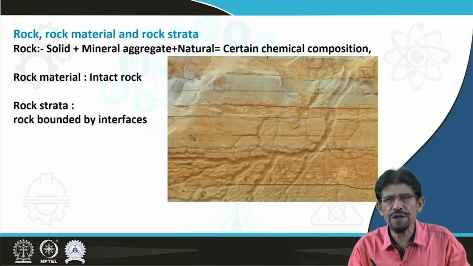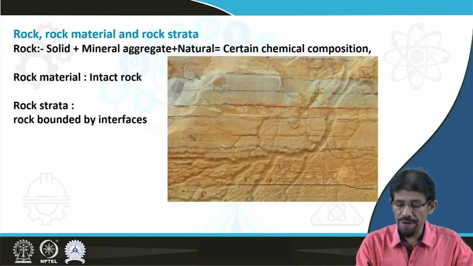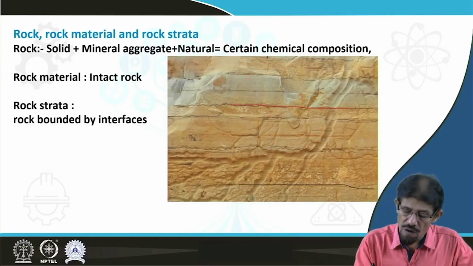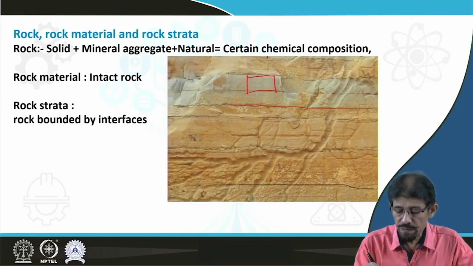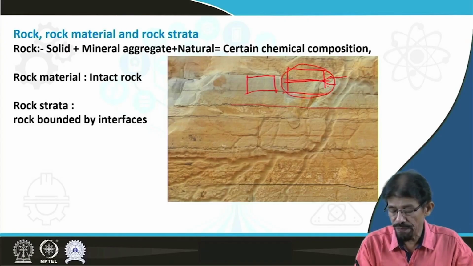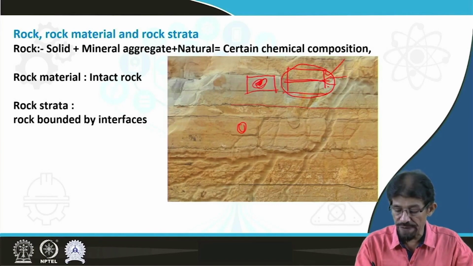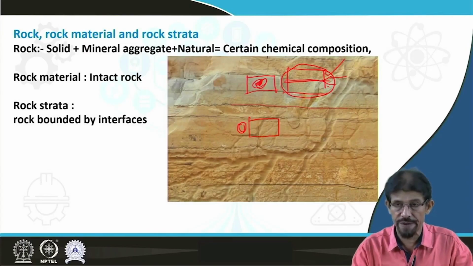Here we can see the problem. If this ground is made up of this zone, no problem. If we consider this part is traversed by this interface, and we apply some load, the behavior of this zone is different, and the behavior of this particular zone is different.